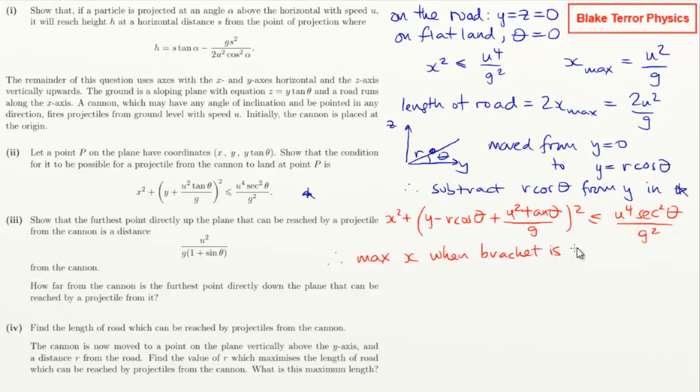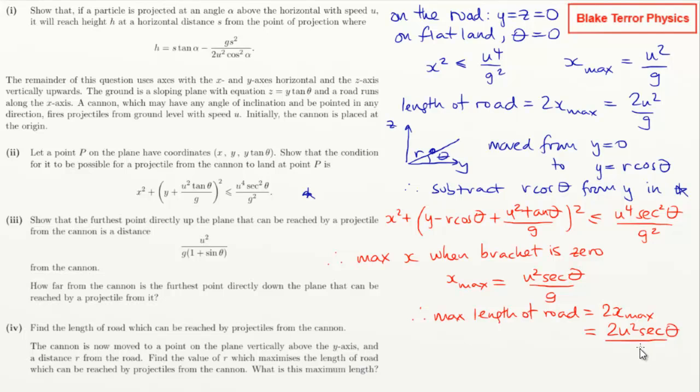So x max equals u squared sec theta over g. So we're going to have double that. So the maximum length of road equals 2x max as we had before, which is equal to 2u squared sec theta over g, and that happens when that bracket is equal to 0.